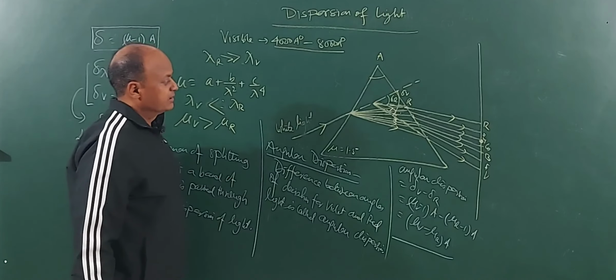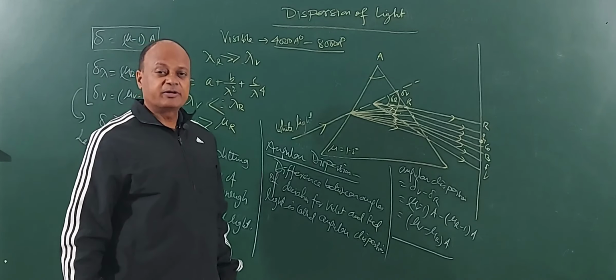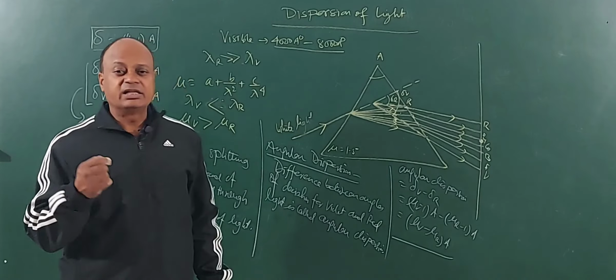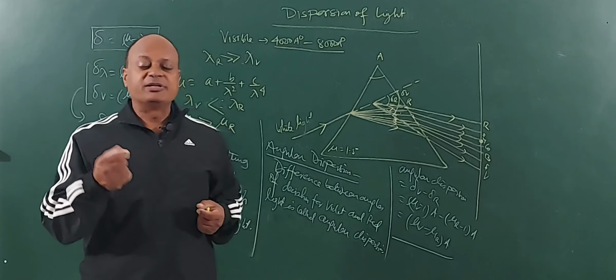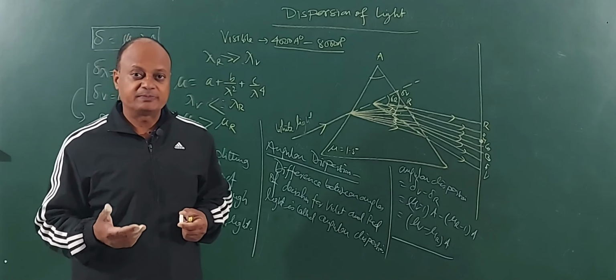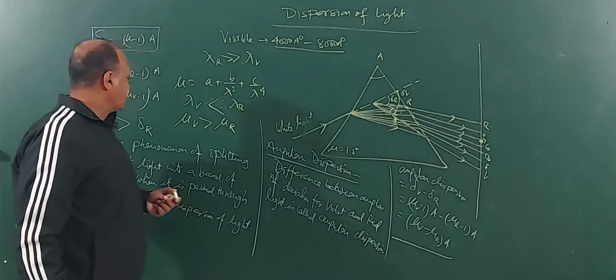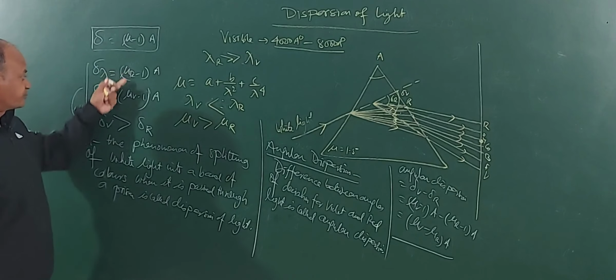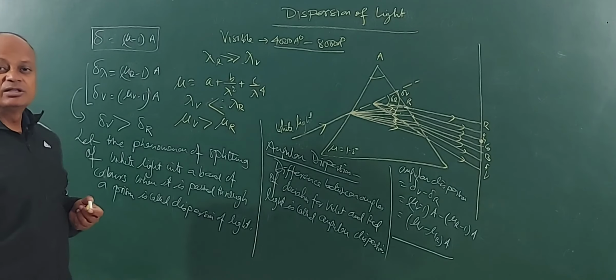And then children, often we come across in numericals the refractive index for a prism is, suppose, 1.6, 1.45 or 1.5. But here you are finding that refractive index for each color is different.